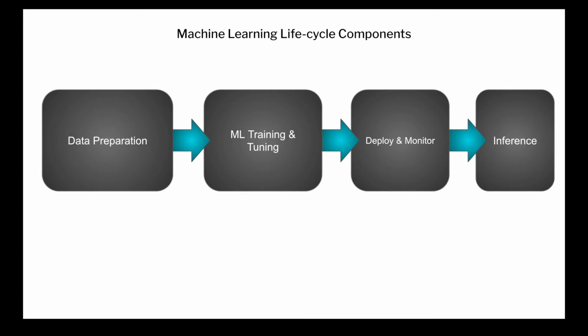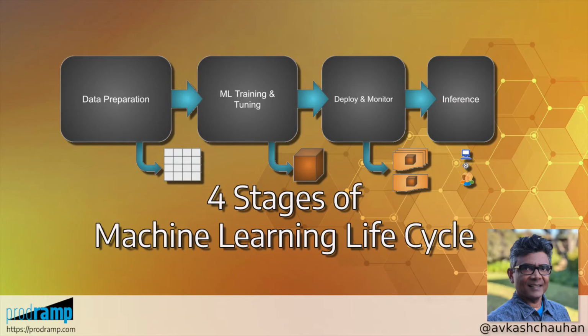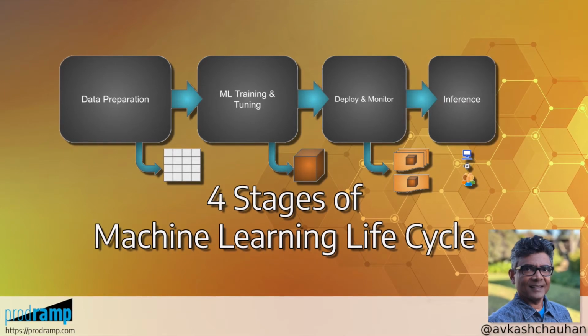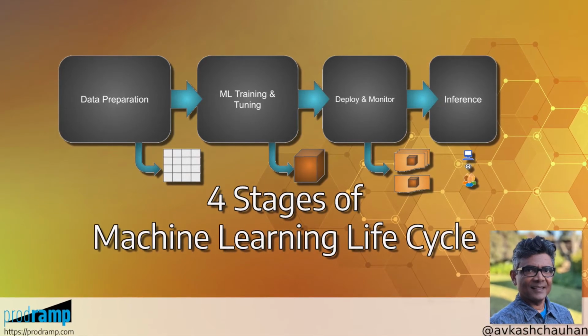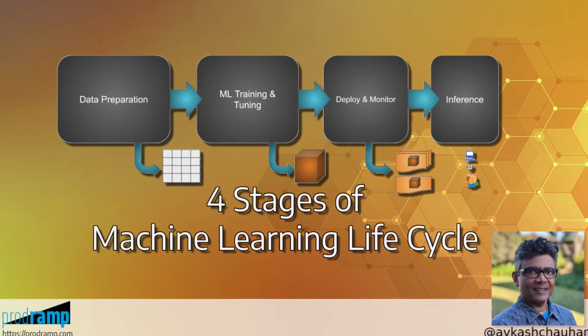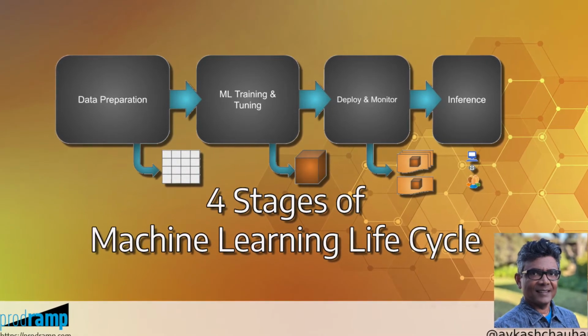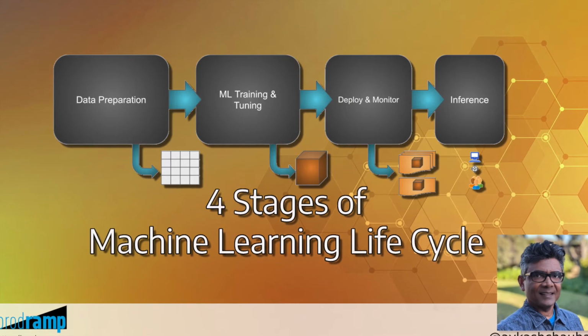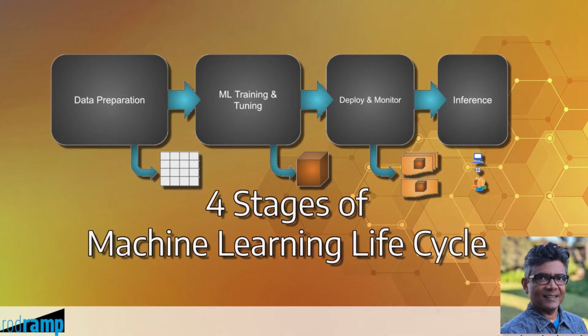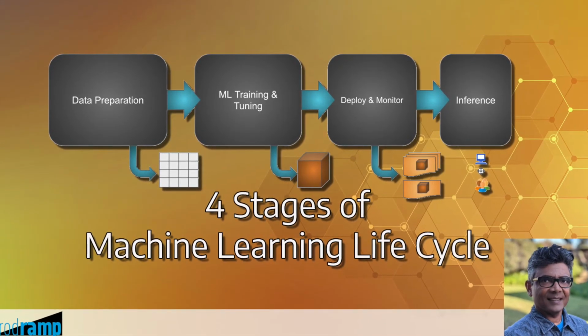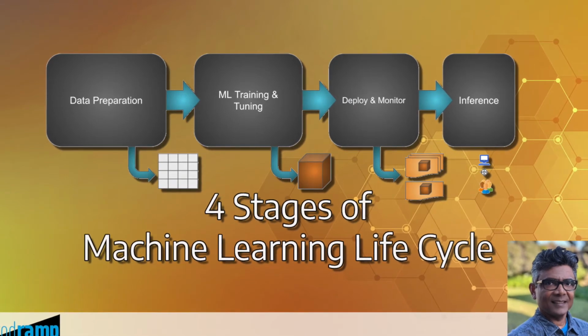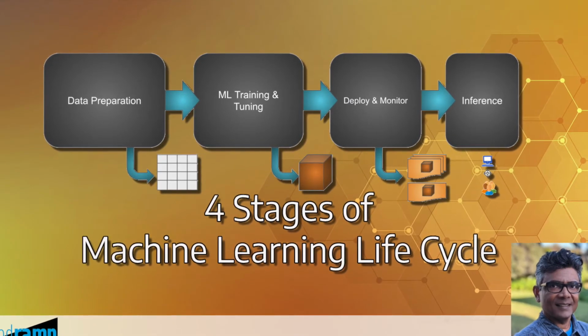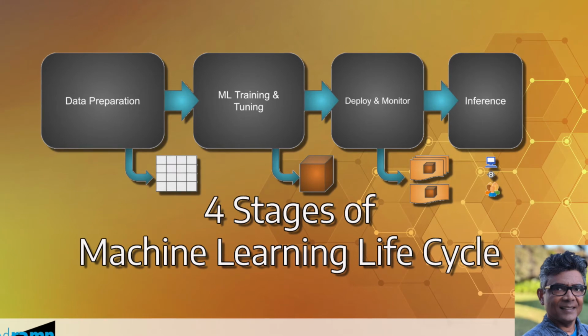And the fourth stage is the inference, or the stage where we are actually performing the prediction or serving our model for our business need. At the inference level, new data comes in and we use the deployed machine learning model to provide the prediction or the score which can be used subsequently depending on whatever the business need is.